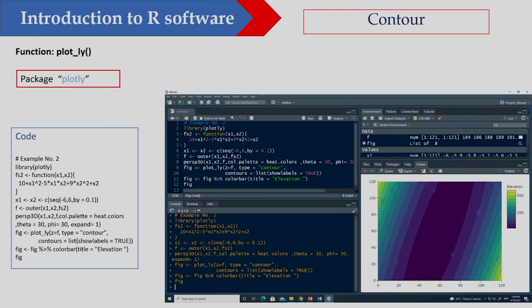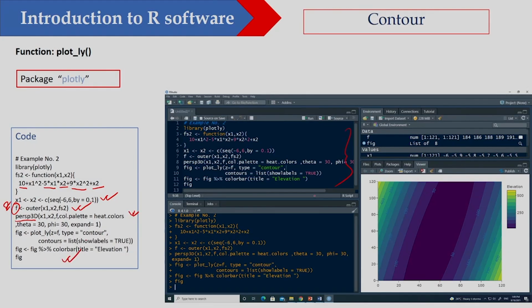Here I have shown a different function, which is 10 plus x1 square minus 5 x1 into x2 plus 9 x2 square plus x2, and here also I have defined x1 and x2. Then I have used the outer function to get the value of f, or you can say z, and then I am using PERSP3D to get the 3D plot, and then I use this to get the contour plot.